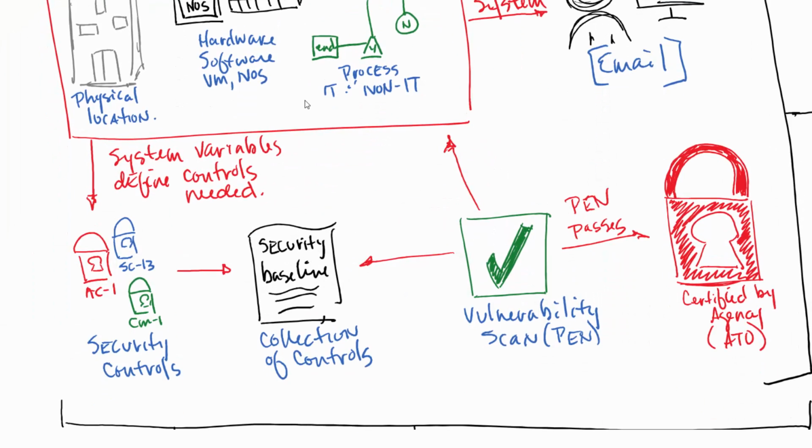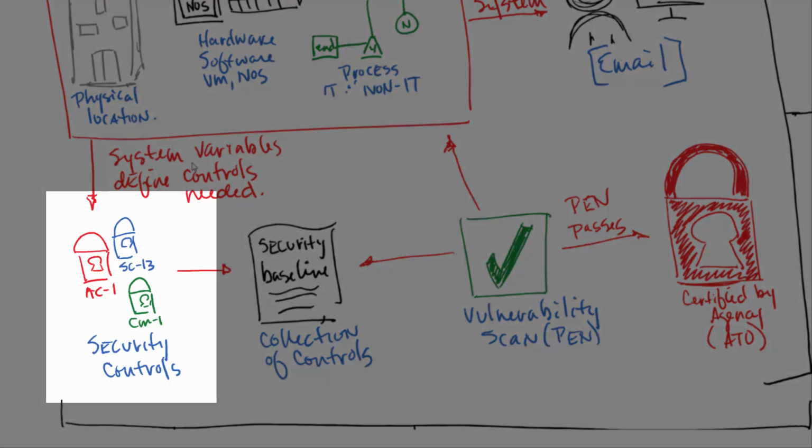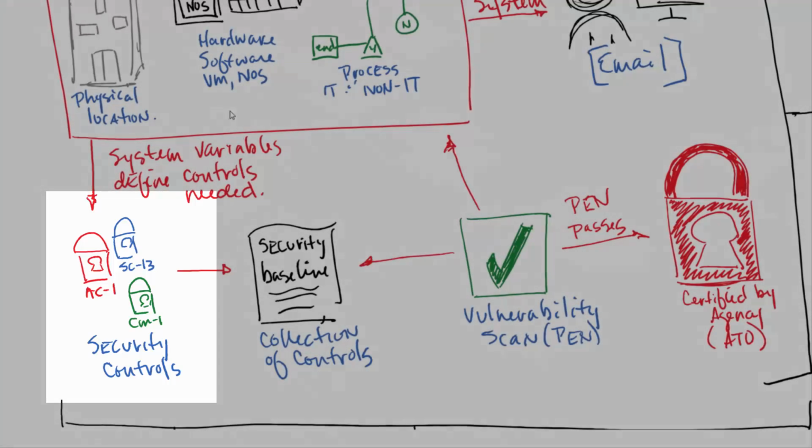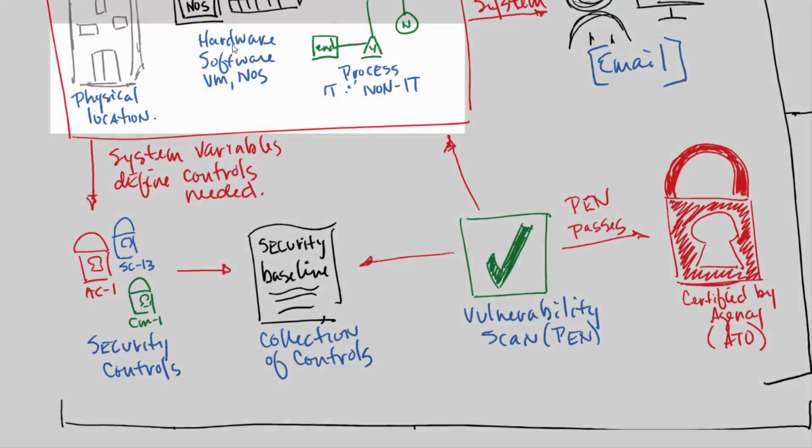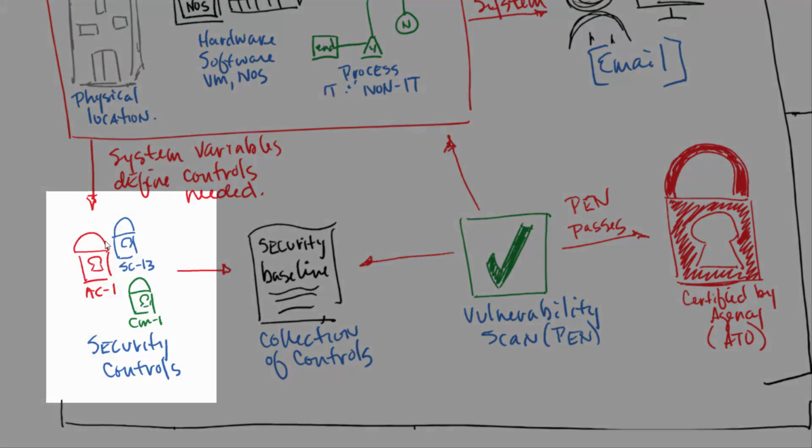When the system is done, then we have what we call security controls. So defined based on these components here, physical, hardware, process, we're going to develop security controls. These illustrate the NIST 800-53 controls, but it could be any set of controls. Could be CJIS, could be NERC, could be any of them.